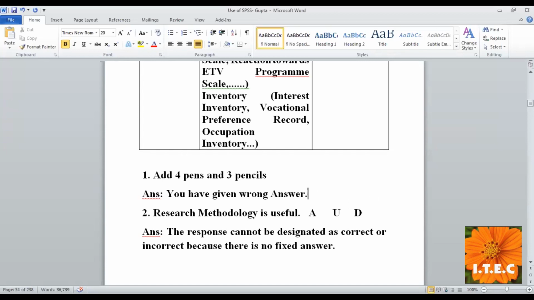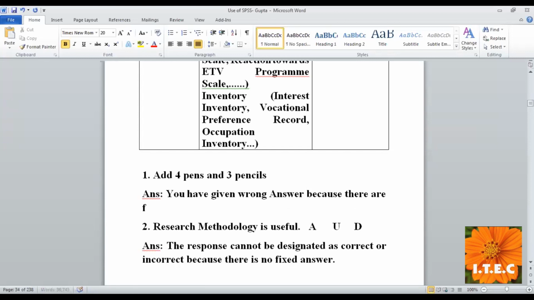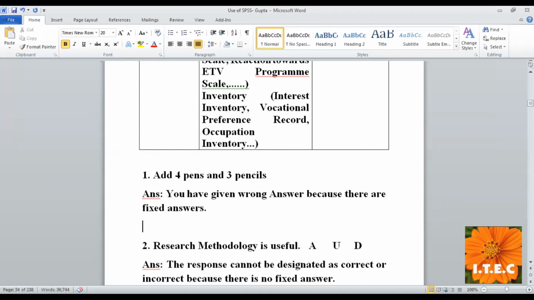Here, you have given the wrong answer because there are fixed answers. Let me give you the answer so that you start understanding.